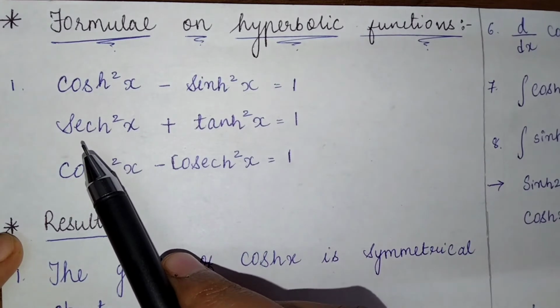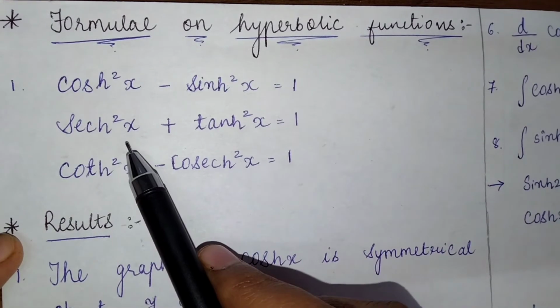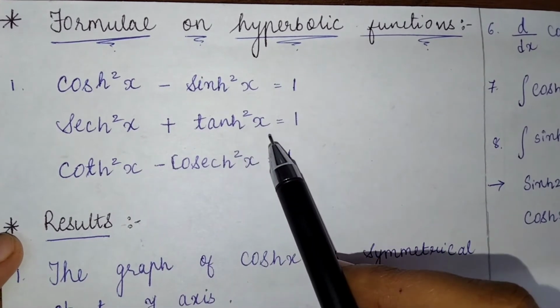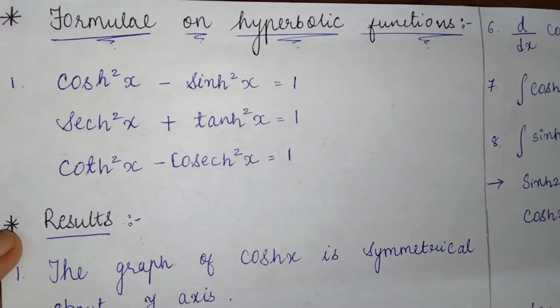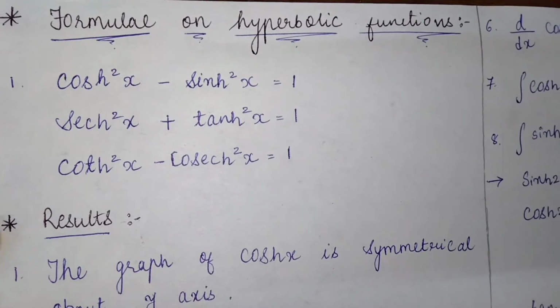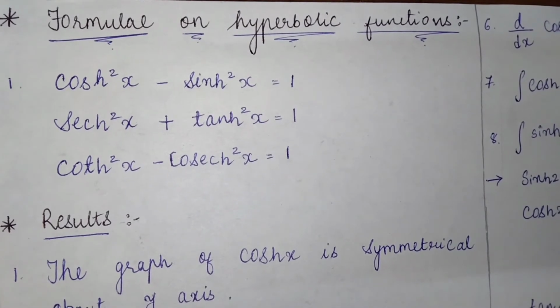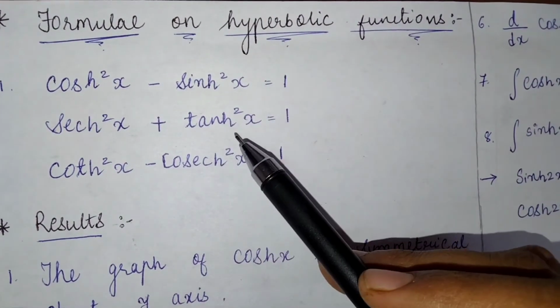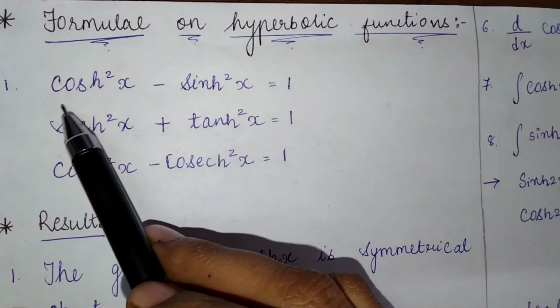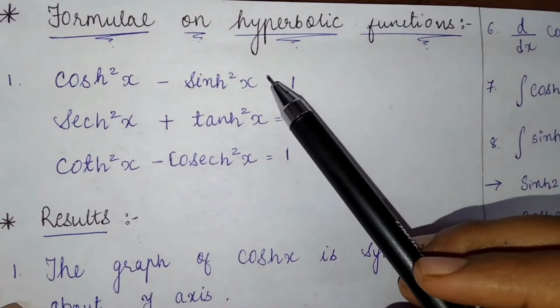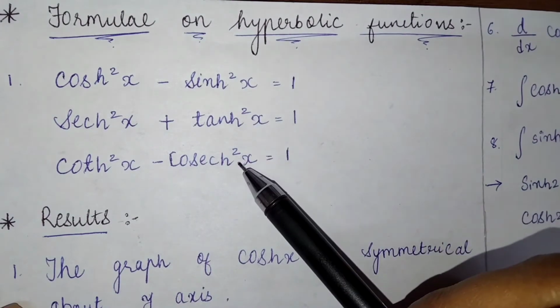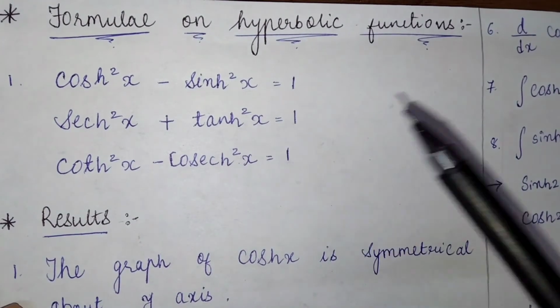If it is given sech square x plus tanh square x, then its value is also 1. And if you are given coth square x minus cosech square x, then also its value is 1. So you have to remember that the value of these 3 is 1, and if these terms are given directly in this form, we can write 1 instead.